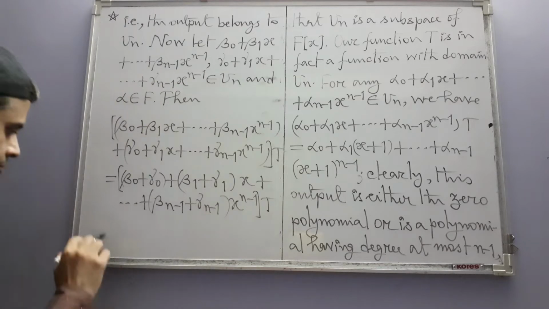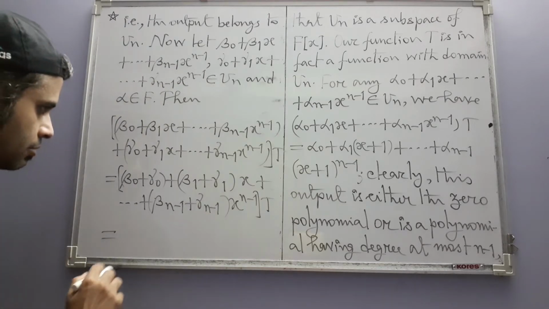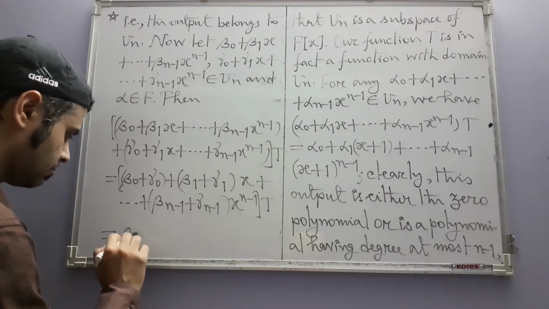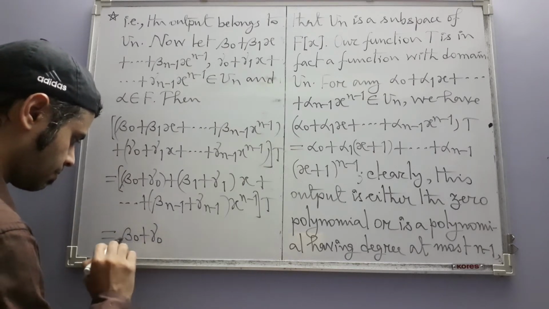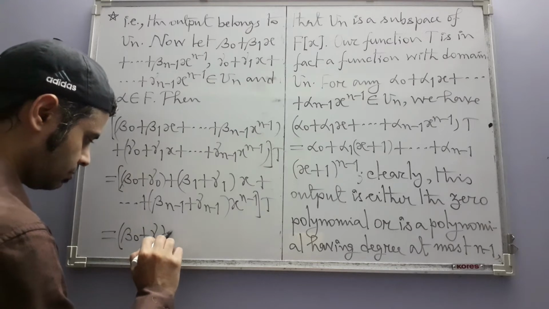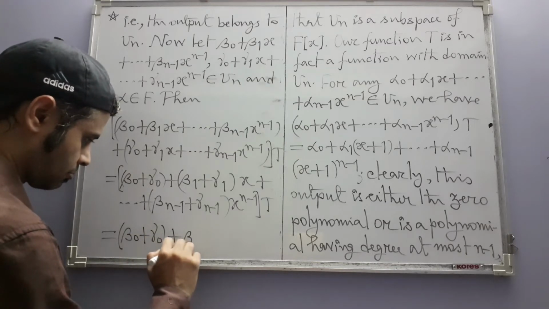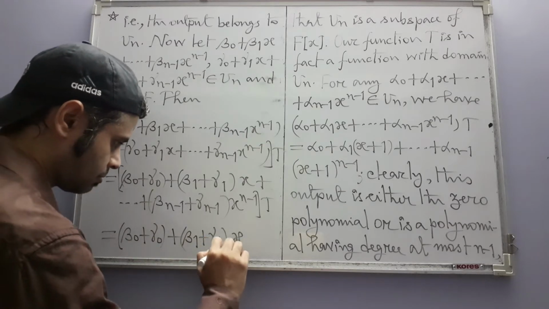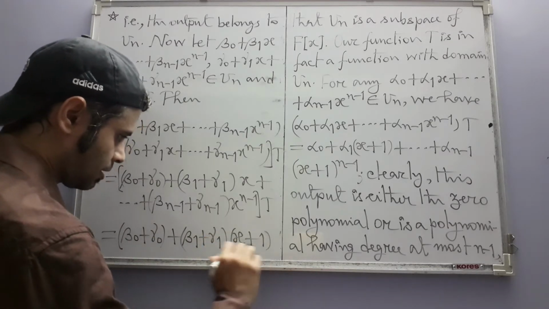T, so this will be what? In place of x, we have to put x plus 1. Beta 1 plus gamma 1, x plus 1.